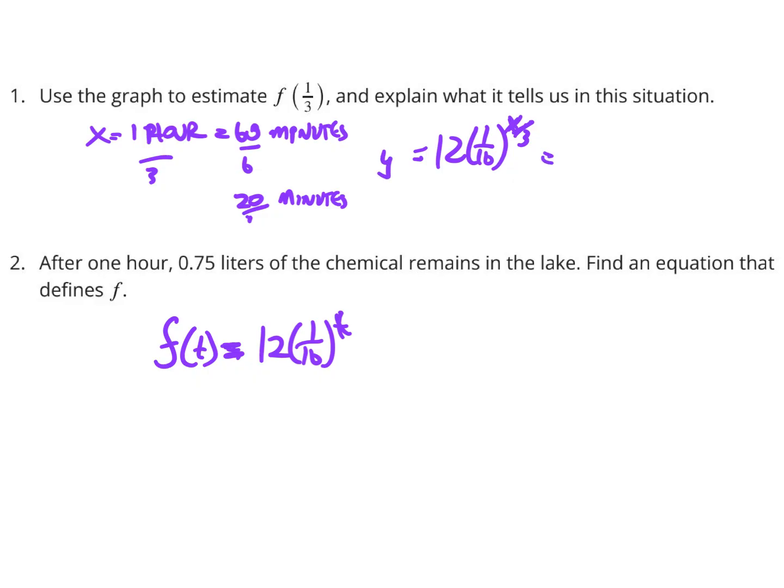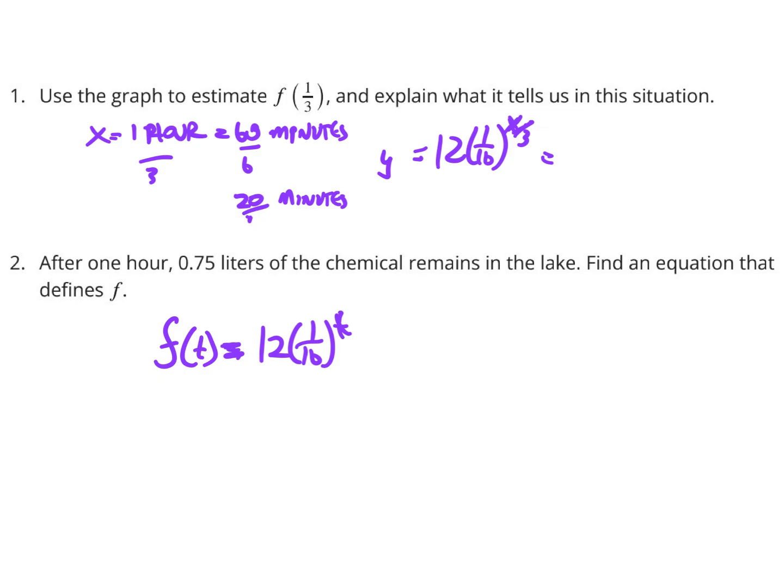So I'm going to put this in the y equals. Remember, these divisions represent 20 minutes. When you hit y equals and clear it out, you do 12, parenthesis, 1 divided by 16, close it, caret x, second graph. Wait, I forgot to divide by 3. That might help.